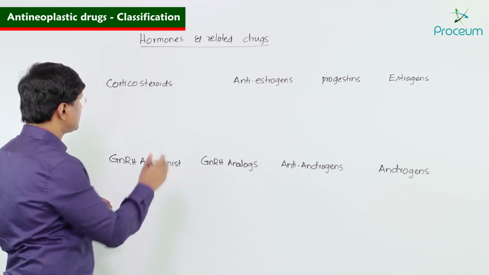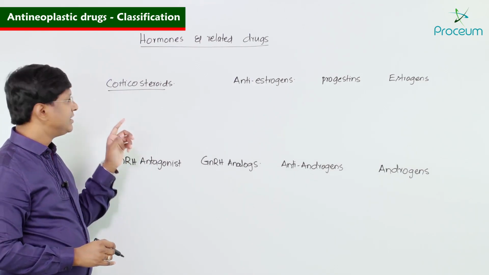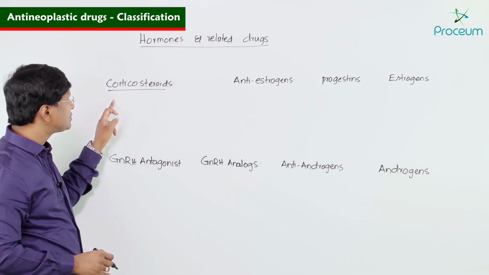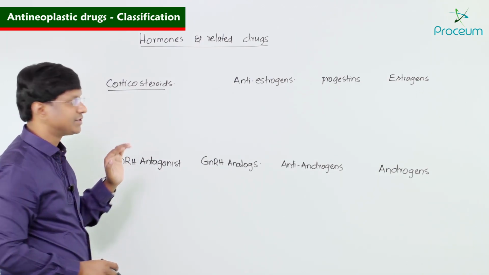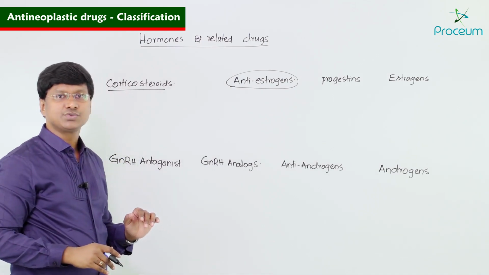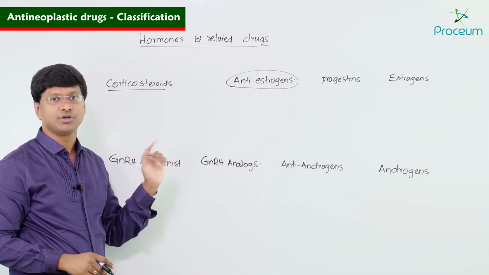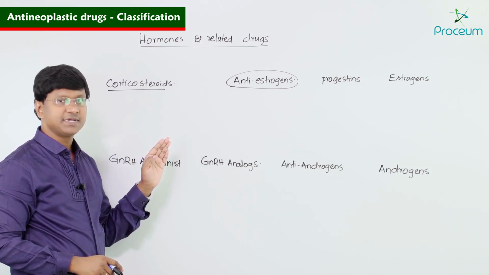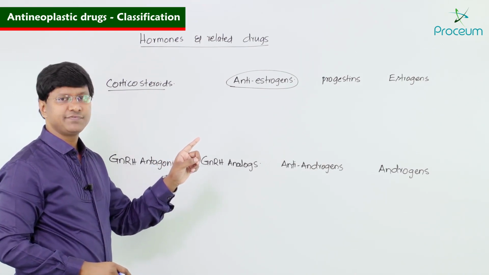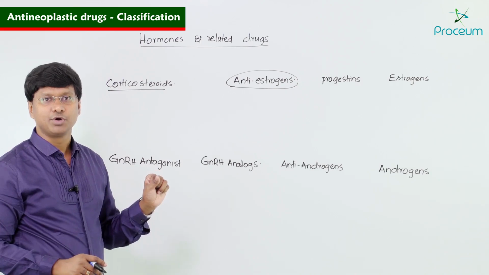Now let me take up the corticosteroids first. The corticosteroids which are acting as the antineoplastic drugs include prednisolone and prednisone. Next, you take the anti-estrogens. The anti-estrogens include SERMs, that is selective estrogen receptor modulators, which include tamoxifen and raloxifene.